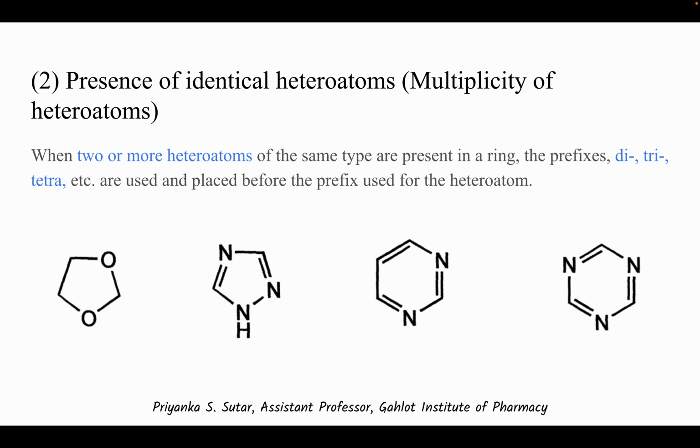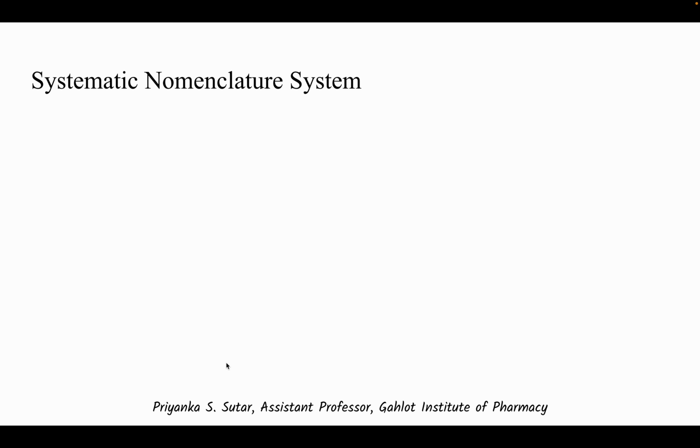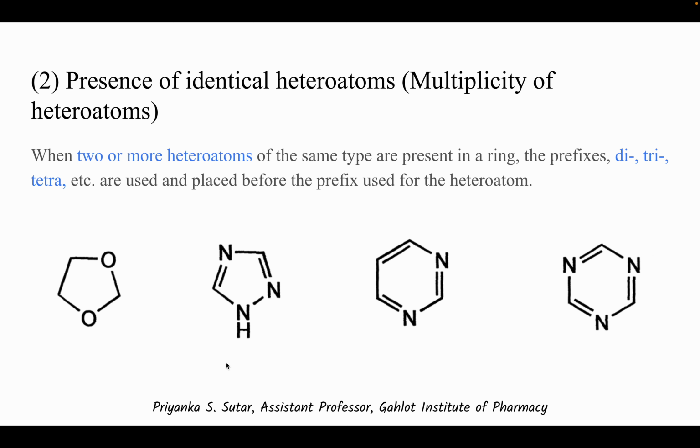So here is an example. Here are examples of such a system. Now we will see all these examples one by one. When I am explaining these structures, I will be giving some questions and there will be answers to those questions.